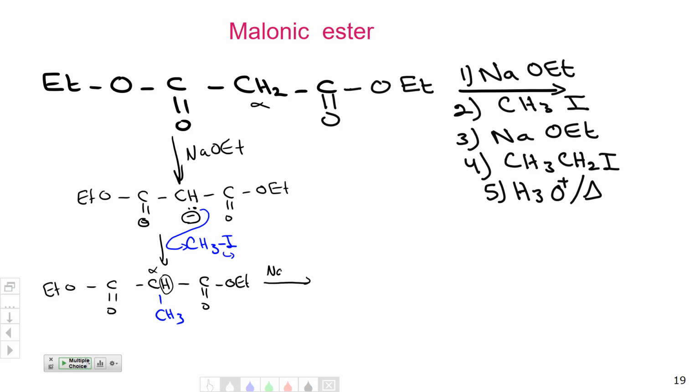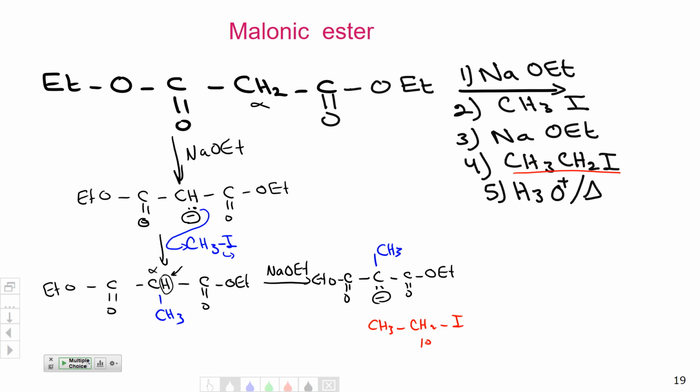So the addition of sodium ethoxide will deprotonate the second alpha hydrogen, resulting in the carbanion, and the next step is the addition of the iodoethane.